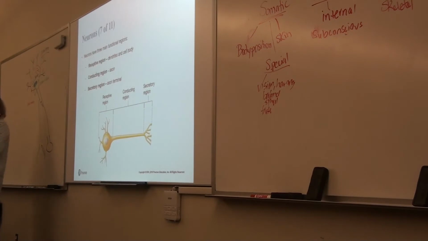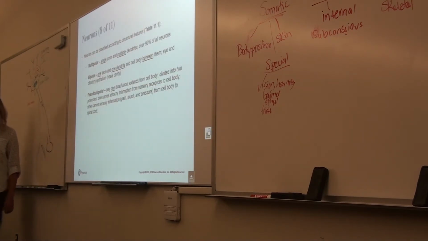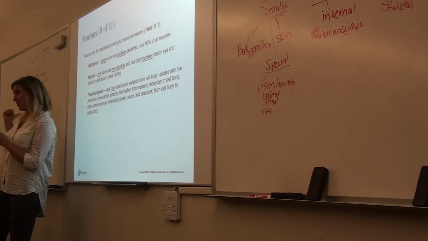So those regions make sense based on their function. But not all neurons are the same. So what we just drew here would be considered a multipolar neuron, minus this collateral there. This is what most of your motor neurons look like, but not all of your neurons look like this.